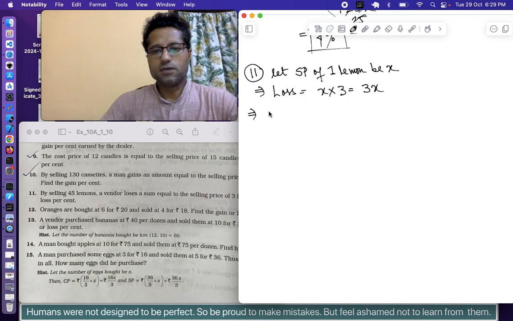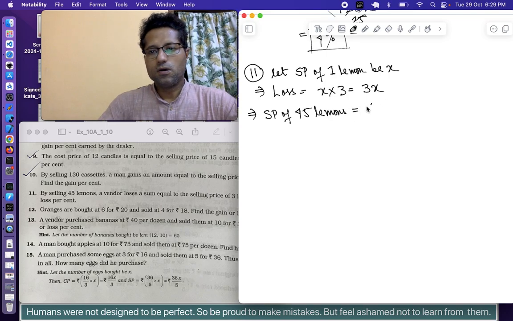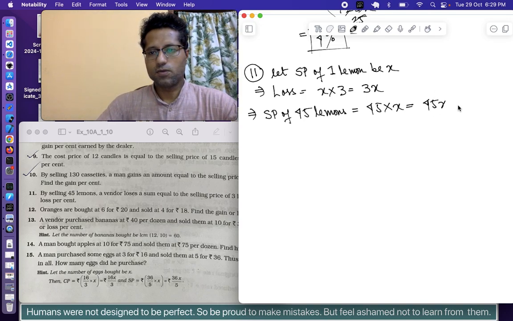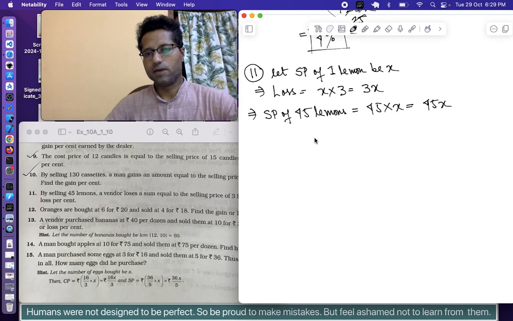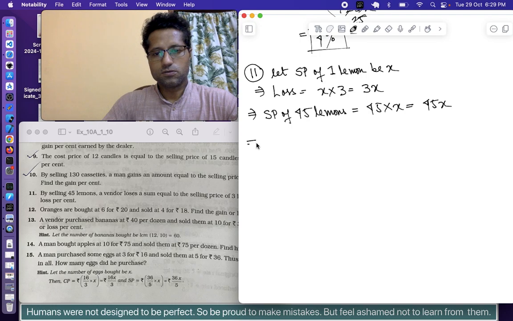This is the total loss in selling 45 lemons. So we can also say the selling price of 45 lemons will be equal to 45 into X, since we have assumed the selling price of 1 lemon to be X. We know the selling price of 45 lemons, and the total loss, which is 3x. So we can find cost price.